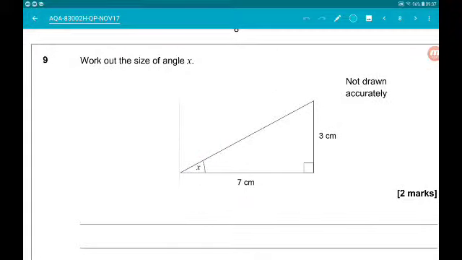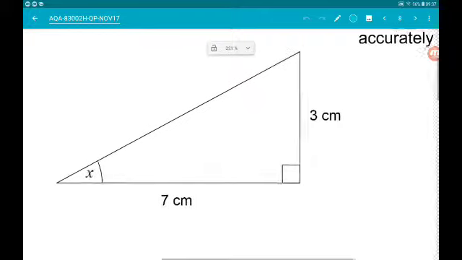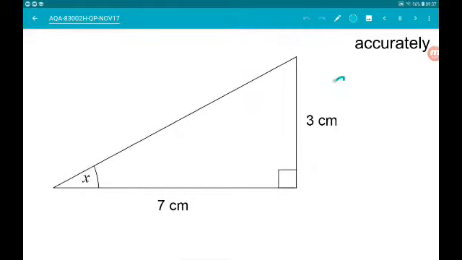Okay, question 9 wants us to work out the size of angle X in this right-angled triangle. So this is SOHCAHTOA. If you need any more practice on this, I'll put my playlist down below, as well as my frequency table stuff too. So, with regards to the angle, this side is the opposite, this side is the adjacent.